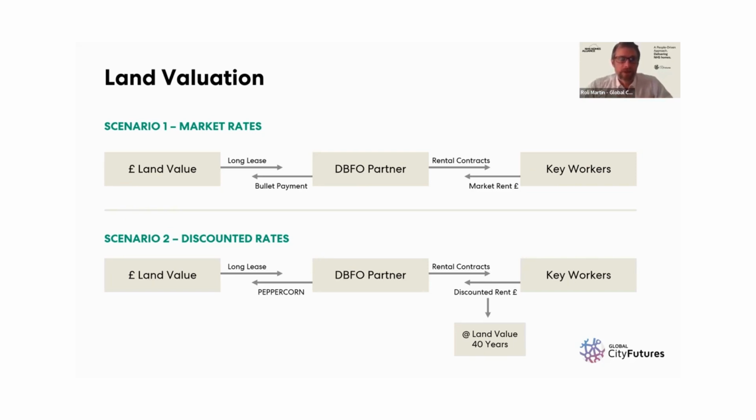But the typical model that we're looking at, in a normal build to rent scenario, and I think we have the right delegates today who understand that. In a normal build to rent scenario, you'd buy some land, build something, and then rent it out and recover your capital that way. So you would typically expect to charge a market rent.